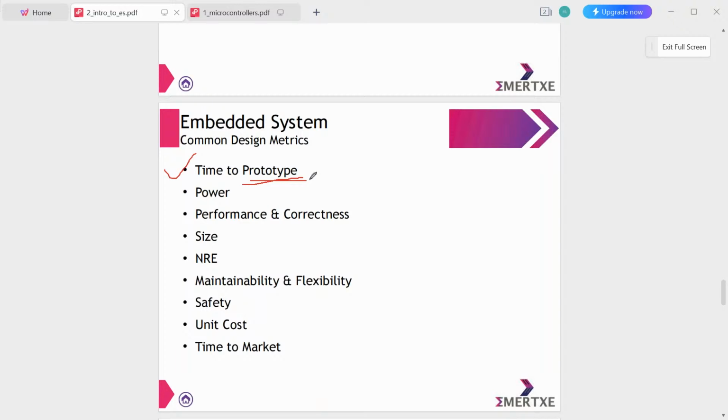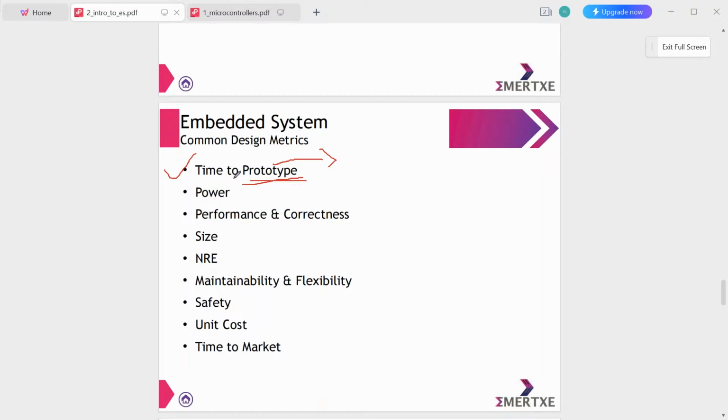I'm asking prototype. So prototype in simple terms, if I collect everybody's answer together, I will say prototype is nothing but a base working model, right? Whatever basic, whatever sample working model, is nothing but the prototype. Now, what this slide is saying is that time to prototype is very important. Don't invest much time in just designing the basic working model, the basic prototype.